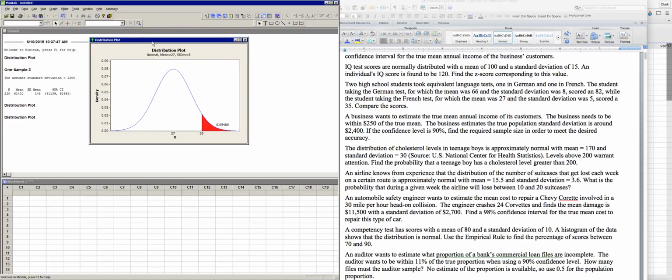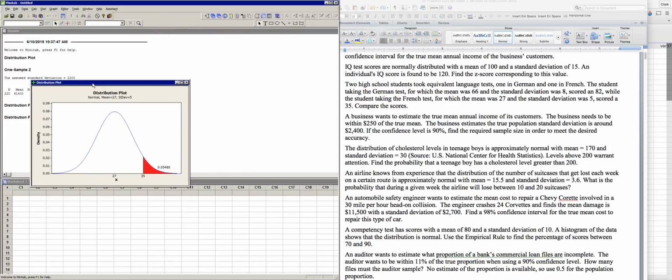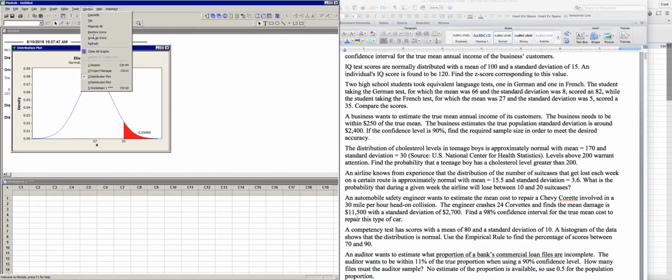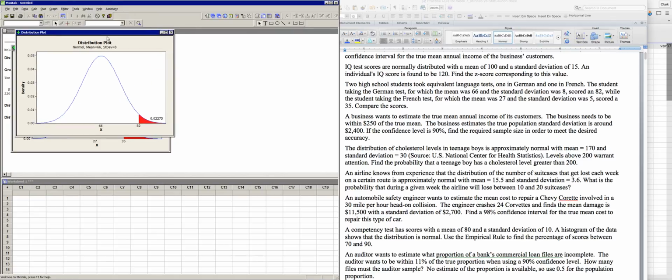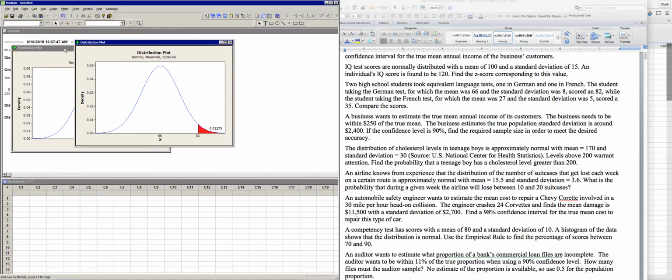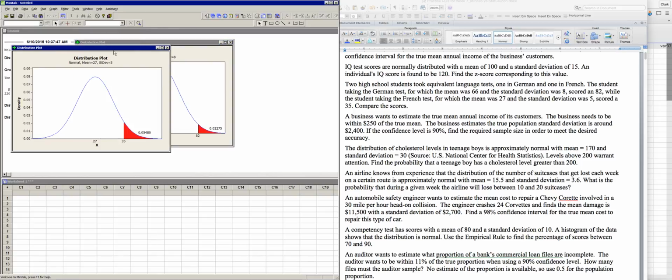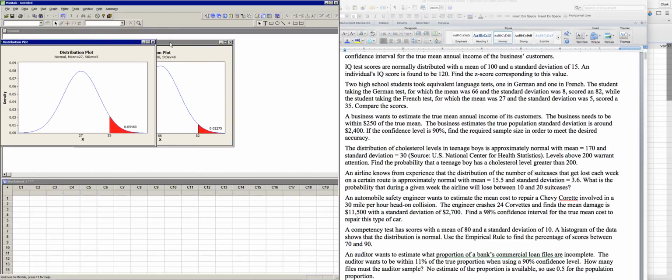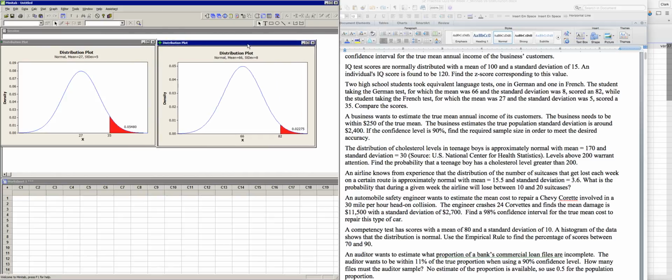And so you have these two plots here. One student is in the 98th percentile and the other one's in the 95th or 96th percentile roughly, or 94th percentile rather.